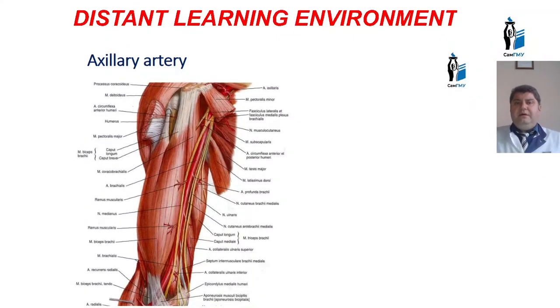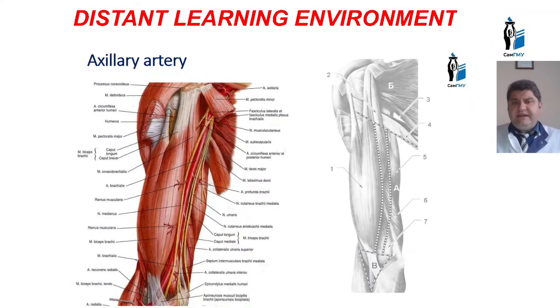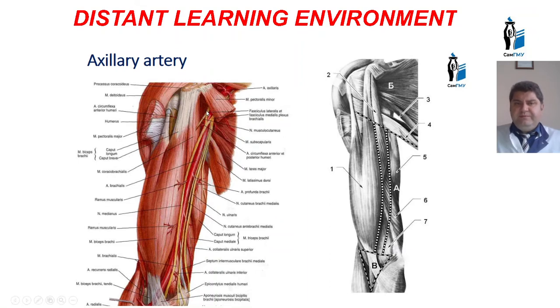Next, you may see that the axillary artery passes into the brachial region, and it passes into the brachial artery. So the border between the axillary artery and the brachial artery is the lower edge of the axillary fossa, the lateral edge of the greater pectoral muscle.